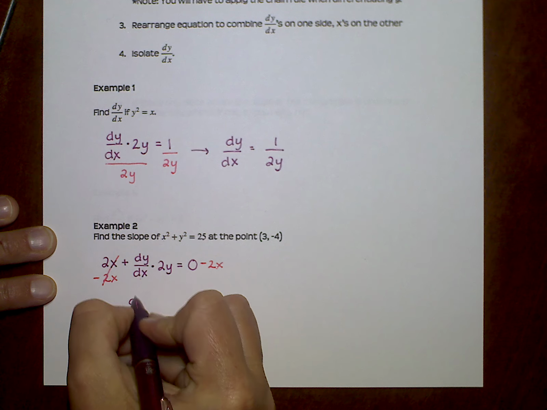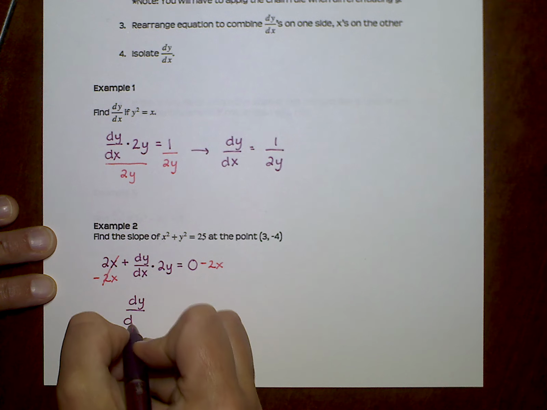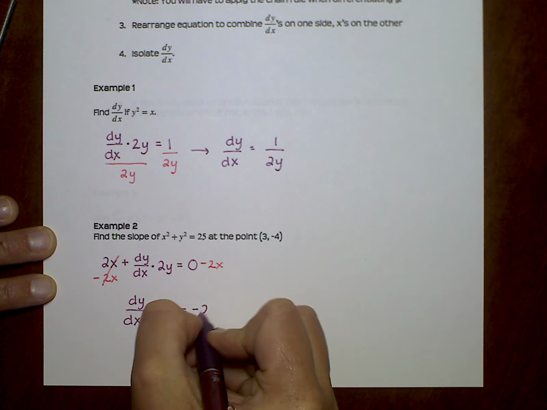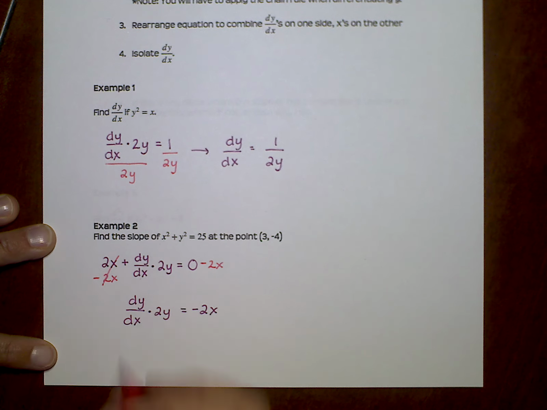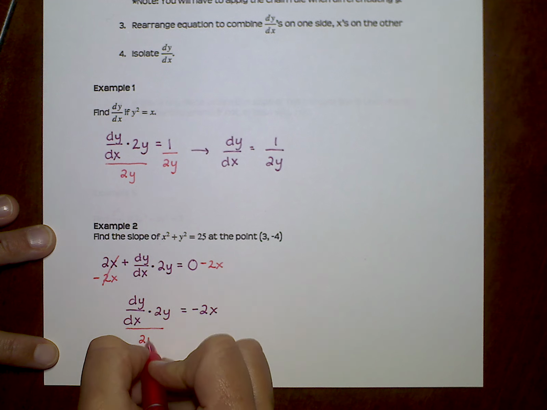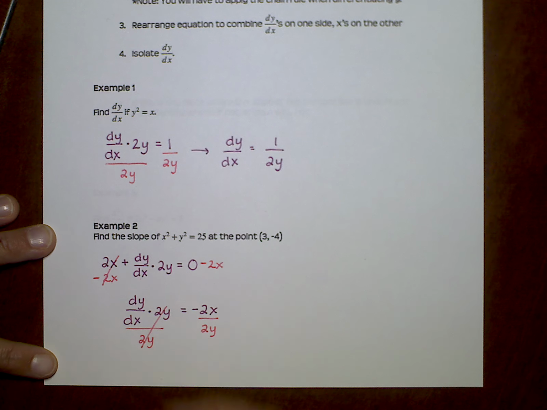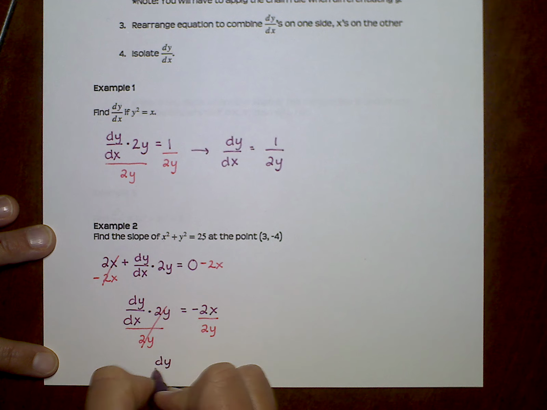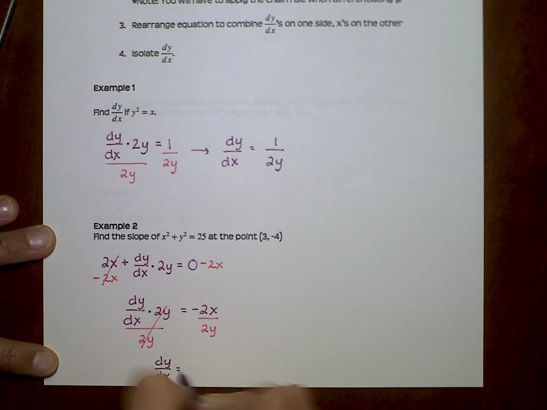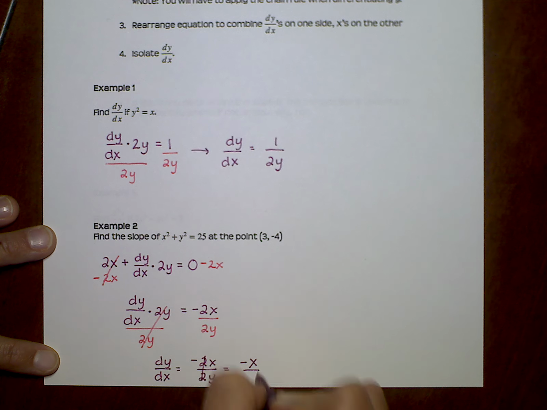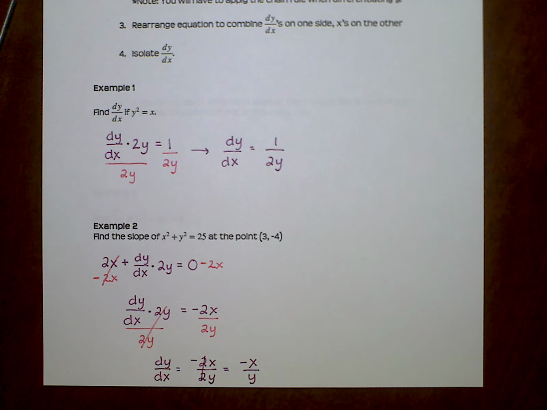Okay, so now I have dy/dx times 2y equals, over here I have a negative 2x, and then let's divide by the 2y, and I have dy/dx equals negative 2x over 2y. And I could clean that up just a little by canceling out these 2's. So I could just make this negative x over y. And that's my derivative.